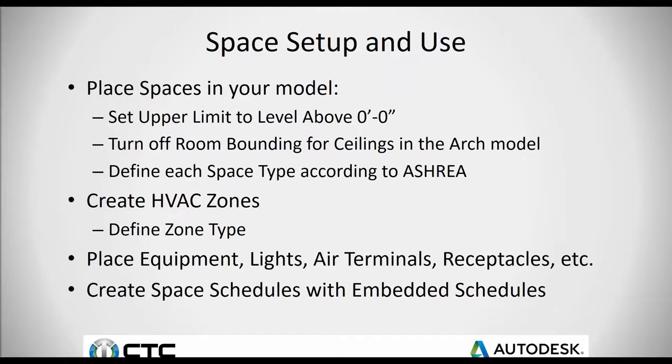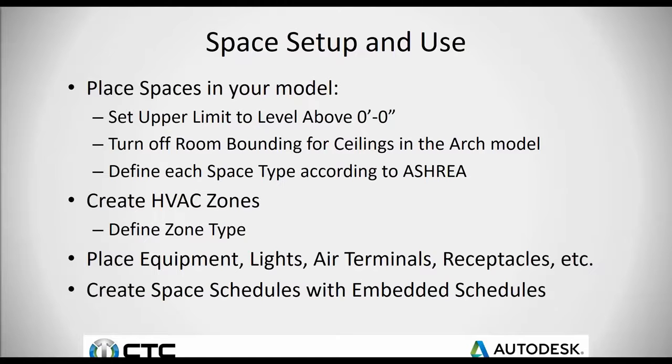So a quick run through of the setup. We place our spaces in our model. We set our upper limit to level above at 0 feet 0 inches. We turn off the room bounding for our ceilings in the architectural model. We define our space type according to ASHRAE.